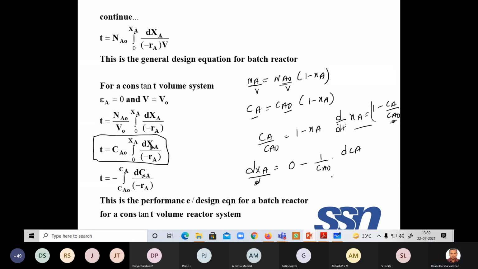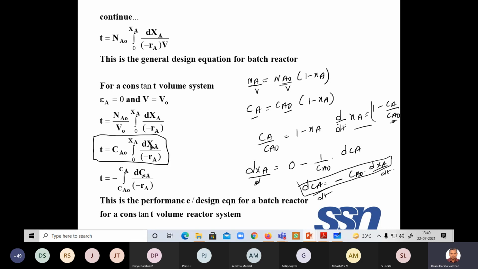Correct? Can we write like that? So dXa by dt is nothing but minus dCa by Ca naught, or dCa is minus Ca naught into dXa, right? We can write like this. If you want to put dt, you put dt.